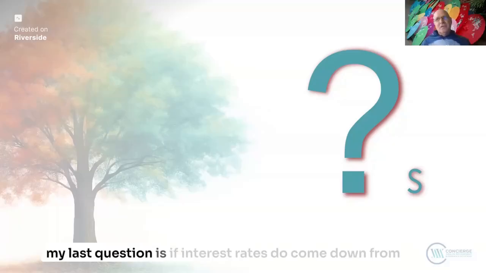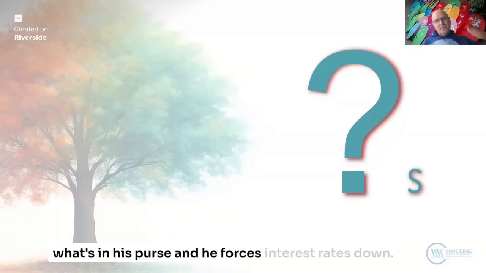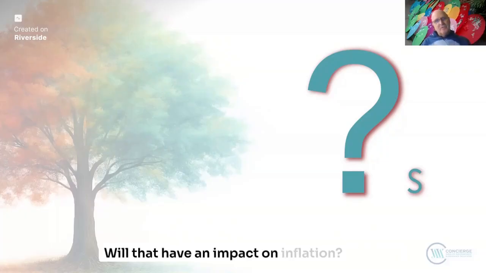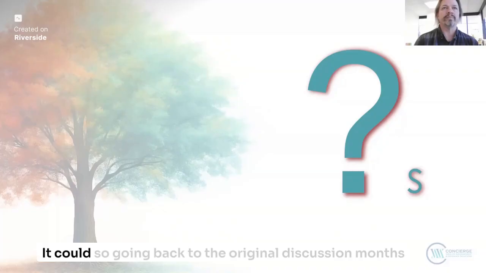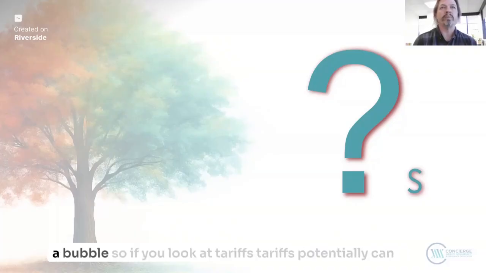And my last question is, if interest rates do come down for whatever reason, maybe if Trump puts in his person and he forces interest rates down, will that have an impact on inflation? It could. So going back to the original discussion months ago about tariffs, the economists like to look at things in a bubble.